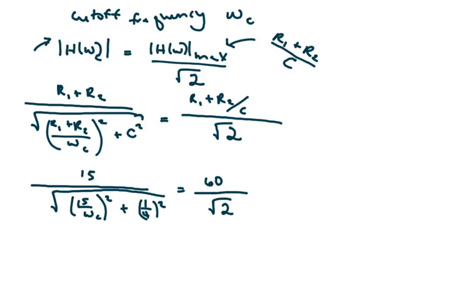Okay, so now we can do some manipulations to figure out what omega C is. Okay, so what I'm going to do is just go ahead and divide both sides by 4 so that this is equal, and then I can set the denominators equal to each other.